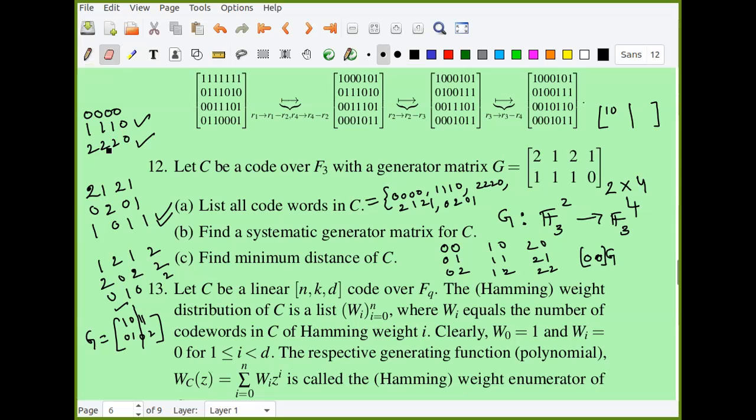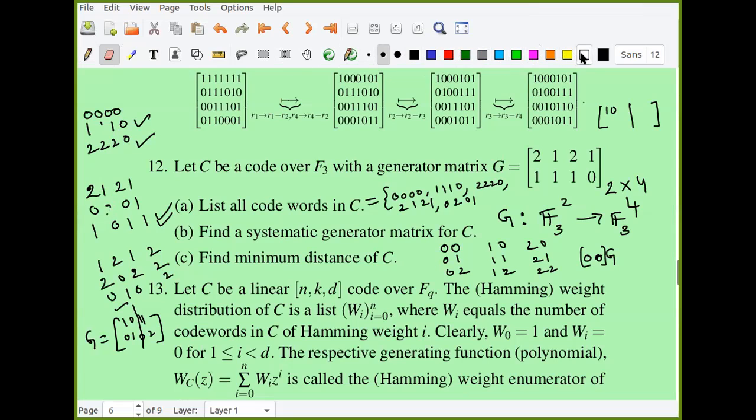But here, these two are not linearly independent, because they are scalar multiples of each other. In the binary case, once vectors are distinct, they are independent. But in non-binary cases, you need to check carefully. You cannot take these two, but you can take this one and this one, one from here and one from here.